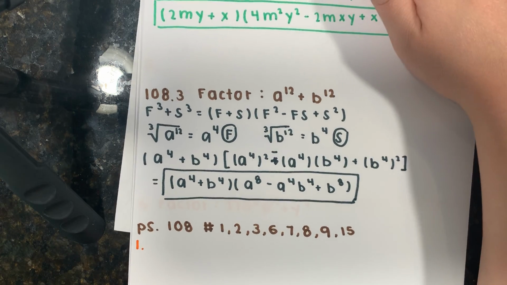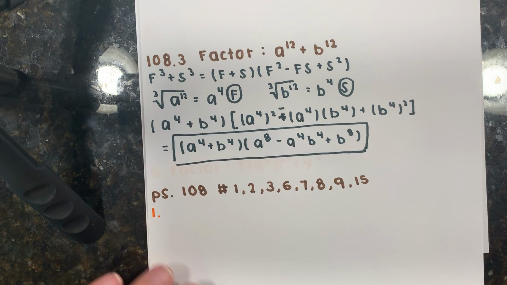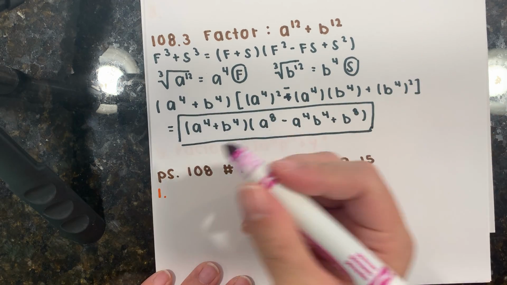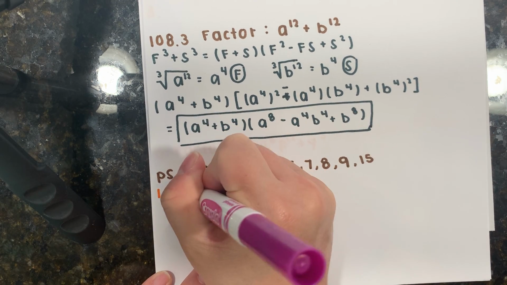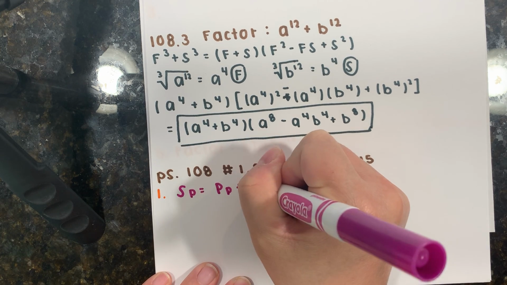Okay, so number 1, we have the break-even markup was 40% of the selling price. If the total income for a day on which the store broke even was $6,400, what did the store owner pay for the items sold? So this equation is going to be selling price equals purchase price plus the markup.